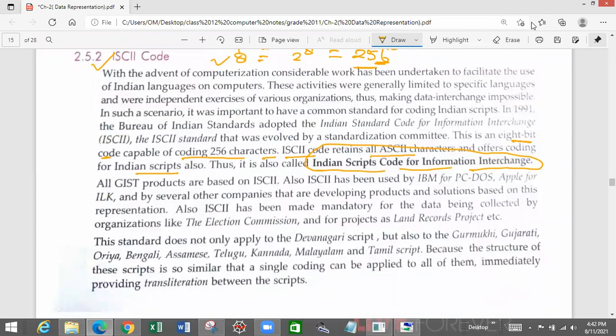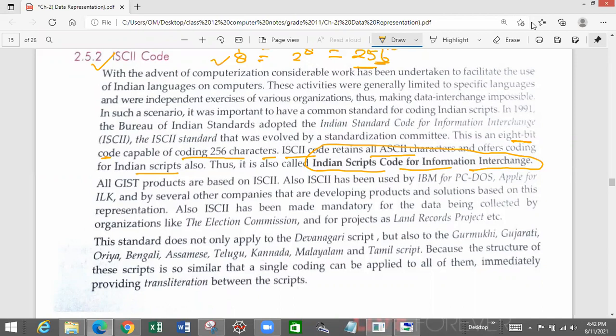All GIST products are based on ISCII. GIST basically means software development done through the Indian government and related technologies, and they use ISCII code.